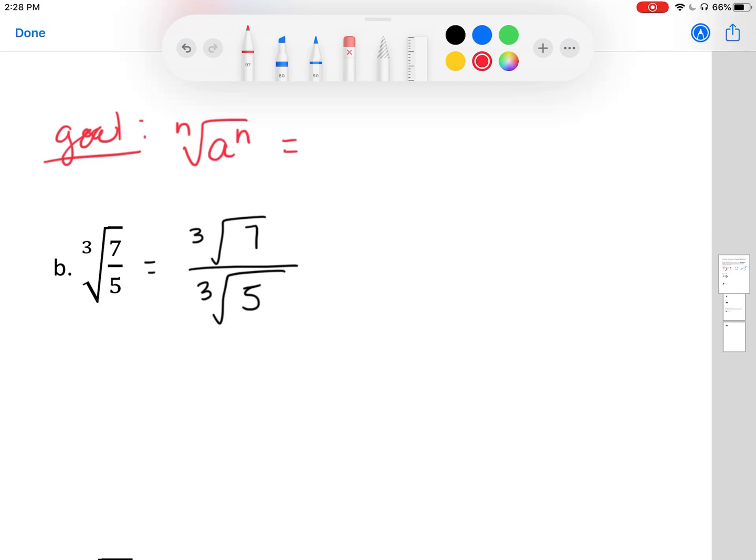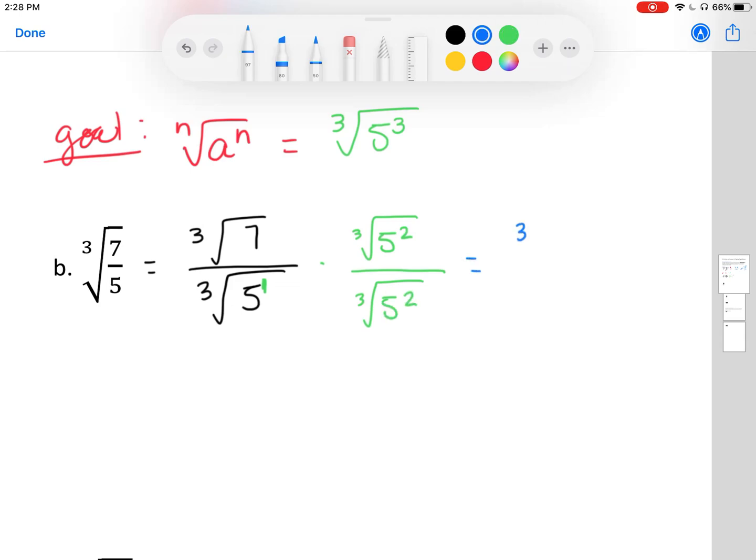So our goal for this problem would be to have a cube root of 5 to the third power. Here I only have 1 five. What should I multiply the top and bottom by so that I can have 5 to the third power? Well, if I have 1 here, I need 2 more. So it would be a 5 squared.